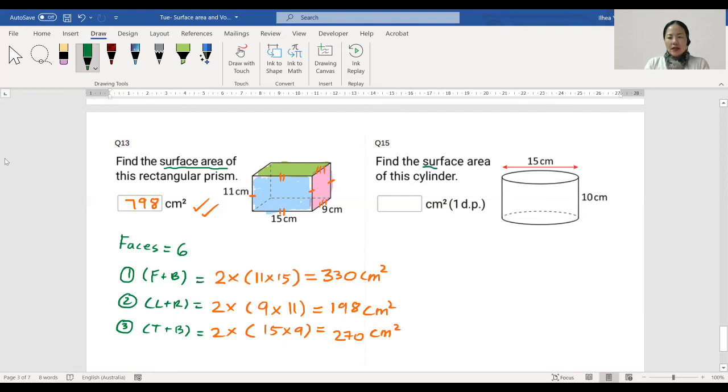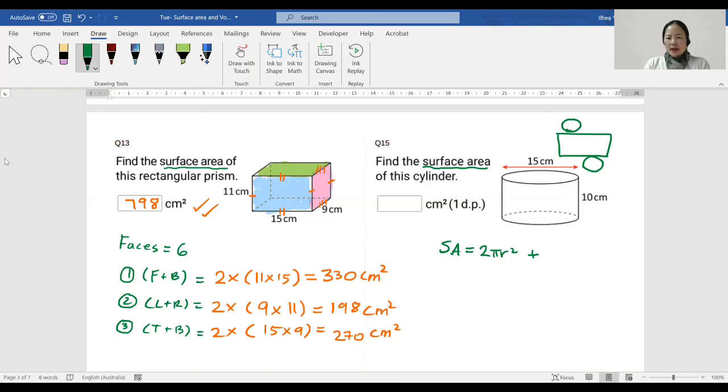Question 15. Find the surface area. Okay, surface area of a cylinder. Okay, I'll do this one. When you open the cylinder up, you will get 2 circles and 1 rectangle. So my surface area will be 2 pi r squared because there's 2 circles there.